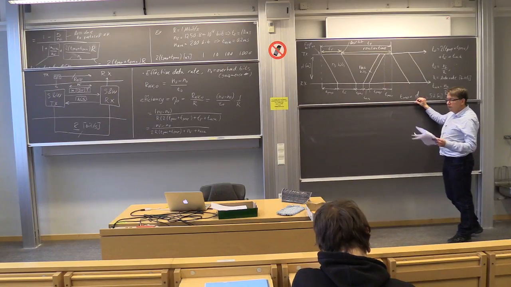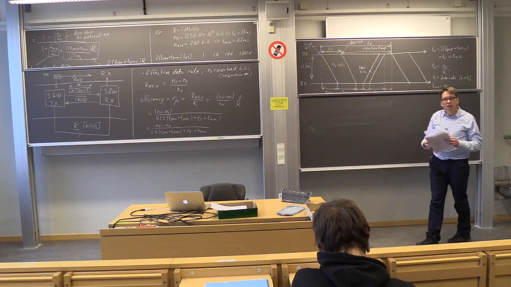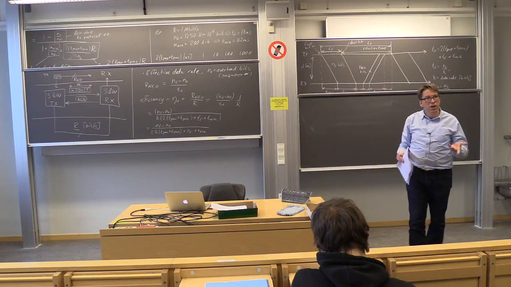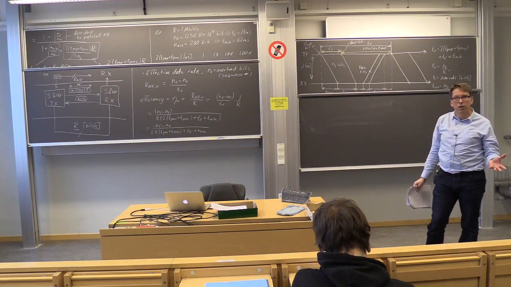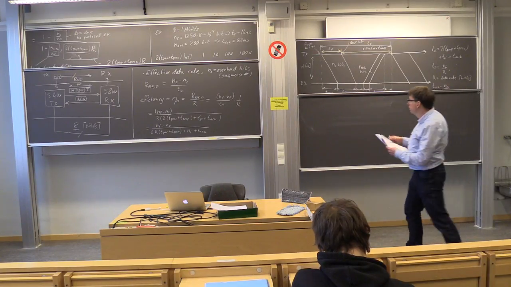So we can define a variable called NT, which is the number of transmissions needed for completion of one frame, and that's going to be a random variable that depends on the probability of error over the channel.